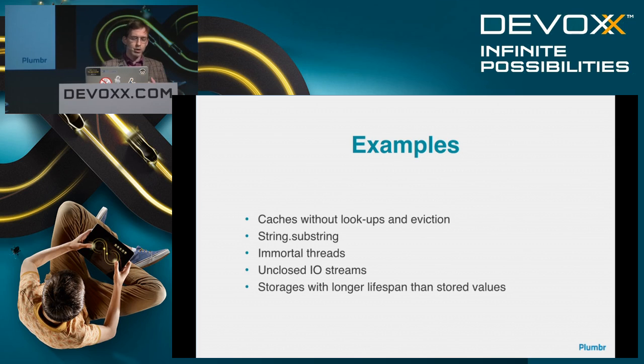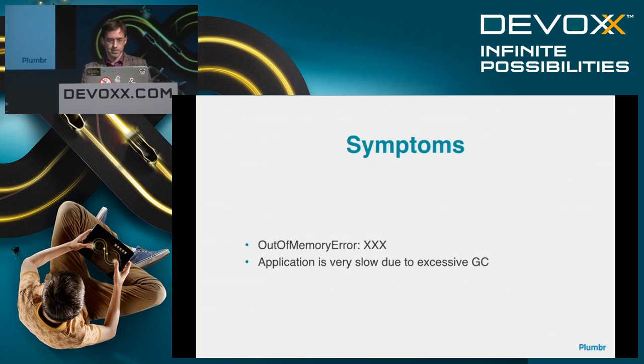Unclosed input-output streams and some others. So you can have memory leaks in your application, and there are lots of them. I have another talk about classloader leaks where I demonstrate that almost every web application in Java, in fact, has at least one memory leak.